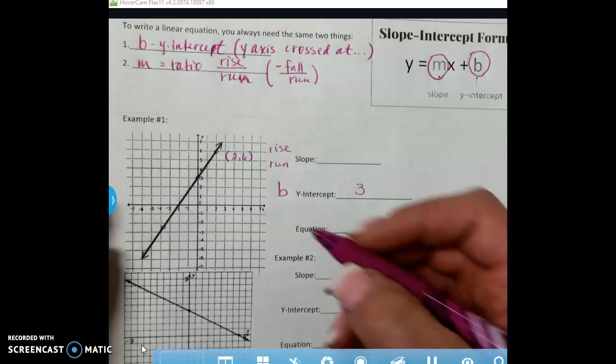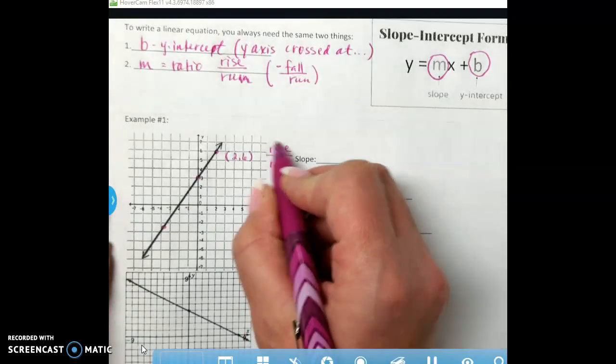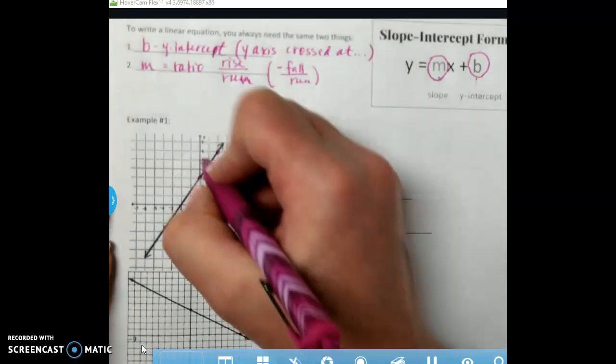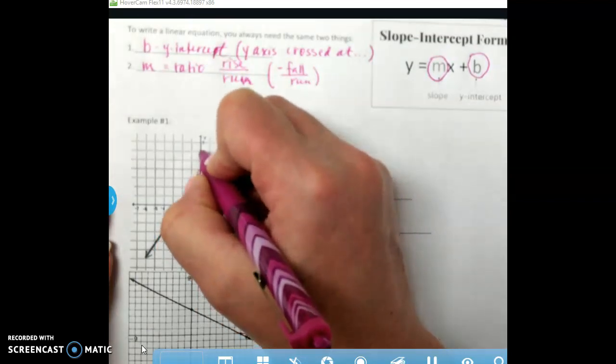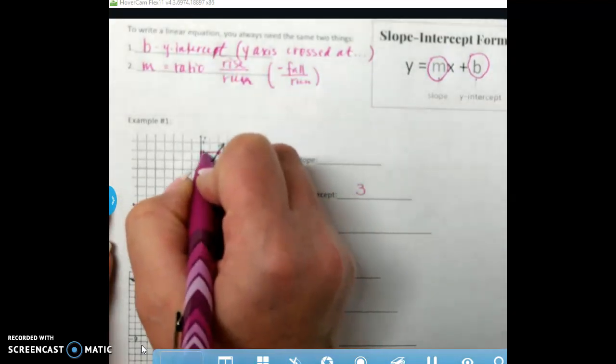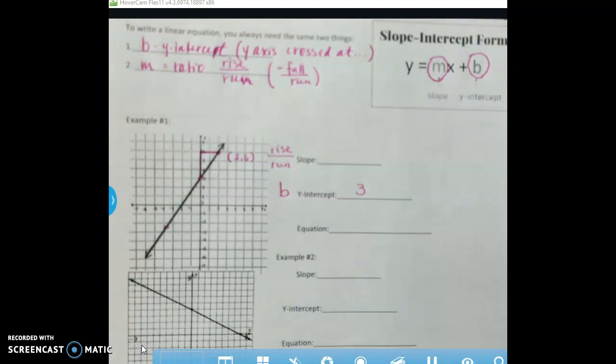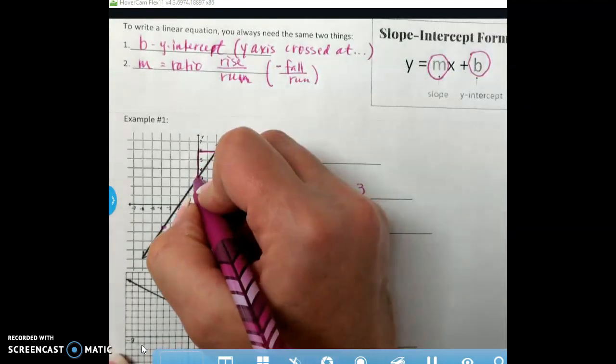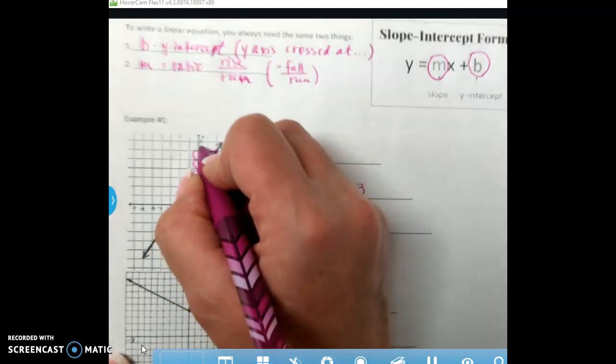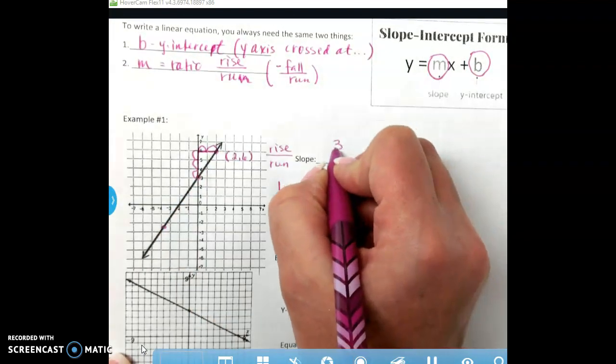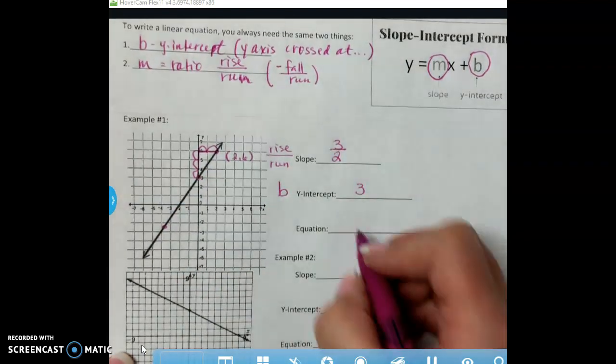All right, so from here, I am ready to compose my rise and run. If I create this little triangle, these triangles are really handy. 1, 2, 3, 1, 2. My rise is 3, my run is 2.